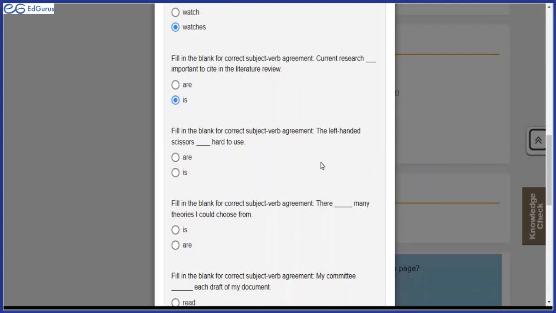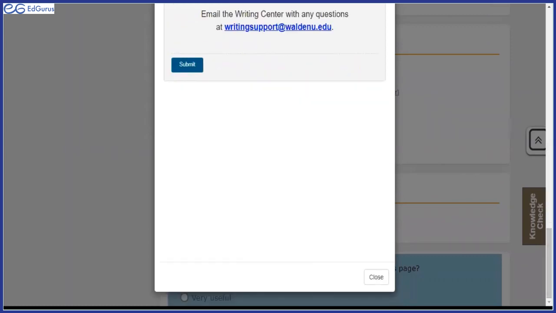Yes, the left-handed scissors ___ hard to use. Are hard to use. If it was a left-handed pair of scissors, then it would have been is.